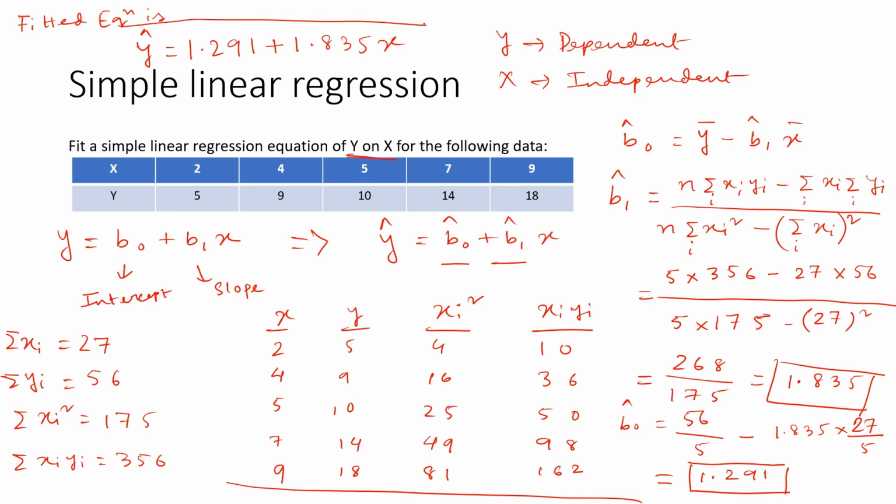This is the required equation. So if we are given a set of values of two variables and asked to fit a simple linear regression equation, this is how we can fit the equation.